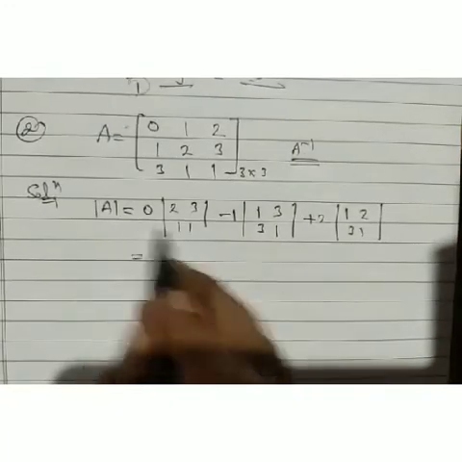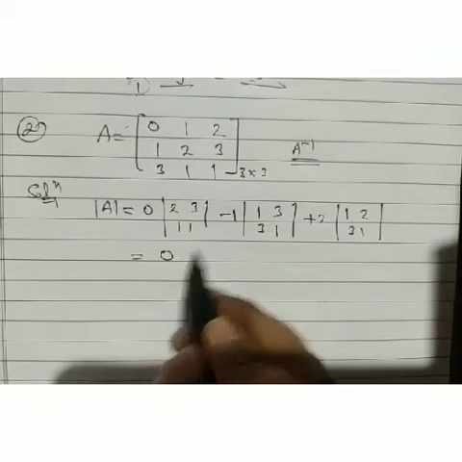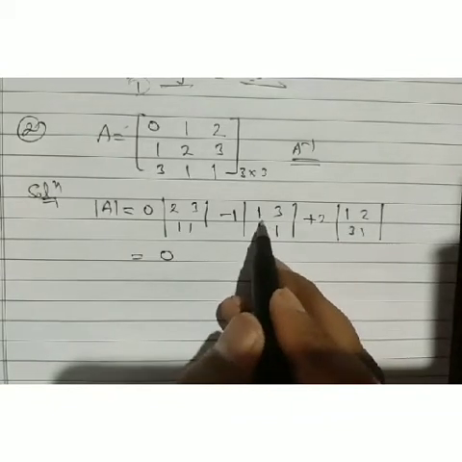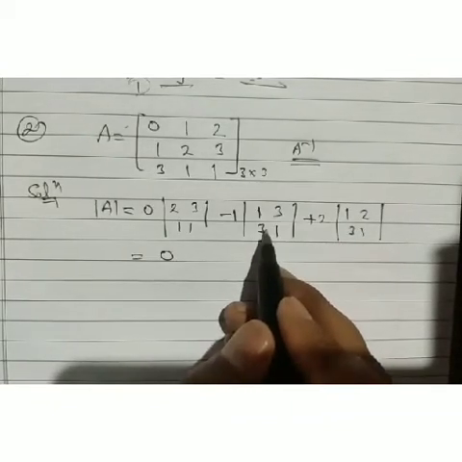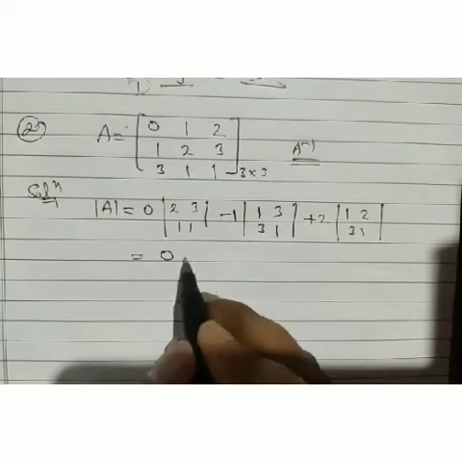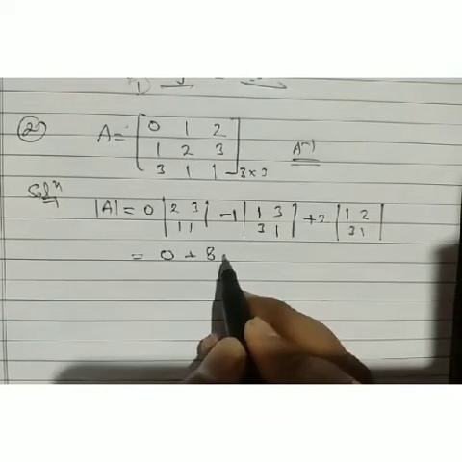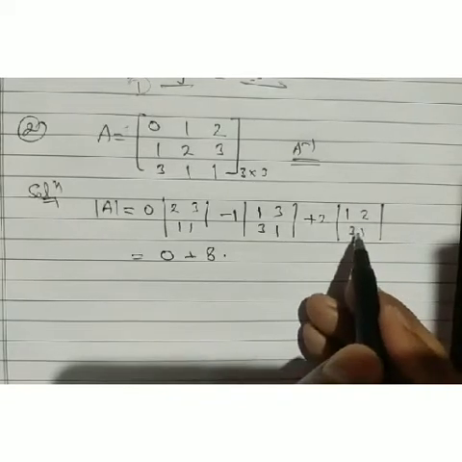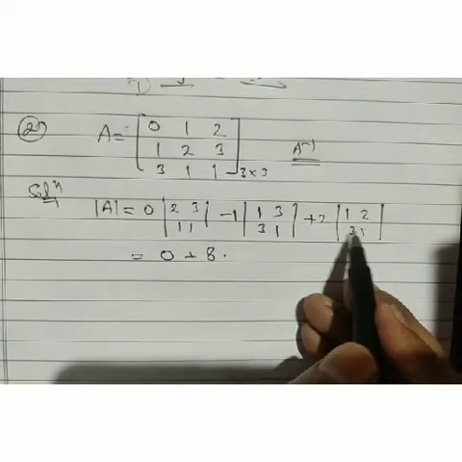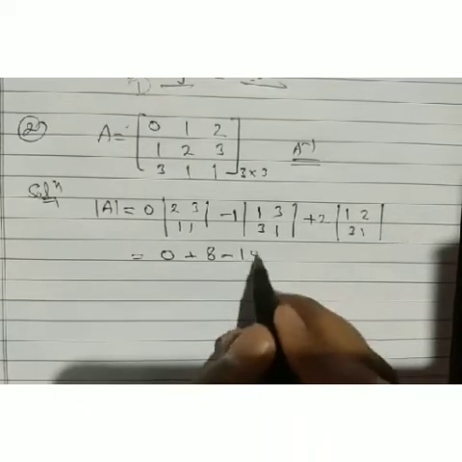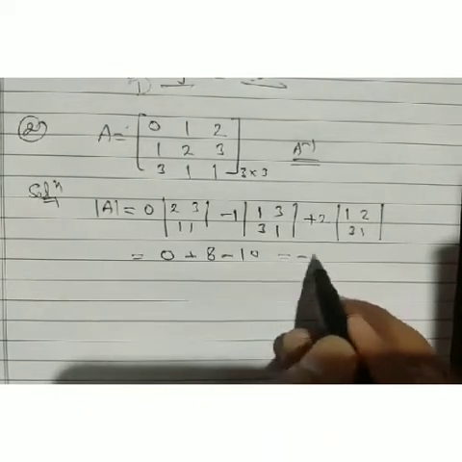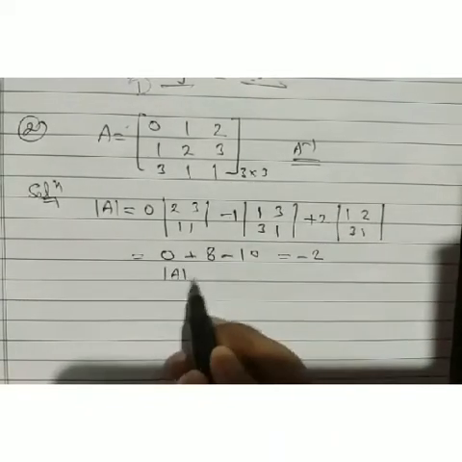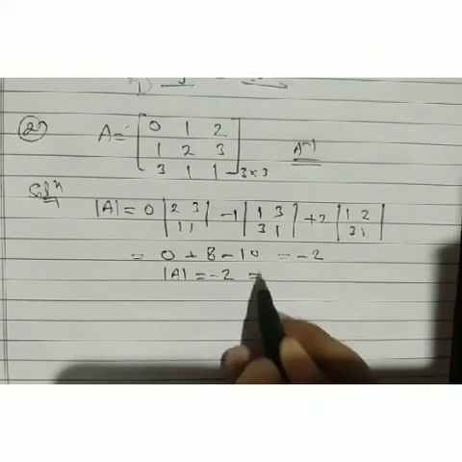After solving, the first term turns to 0. The second is 1 minus 9, which is minus 8, so minus of this gives plus 8. The third is 1 minus 6, which is minus 5, into 2 gives minus 10. After solving, we get minus 2. The determinant of A is minus 2, which is not equal to 0.